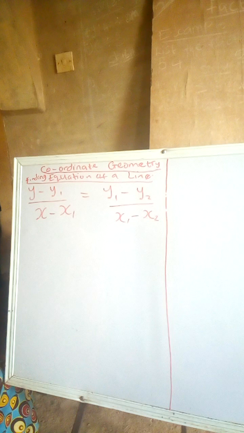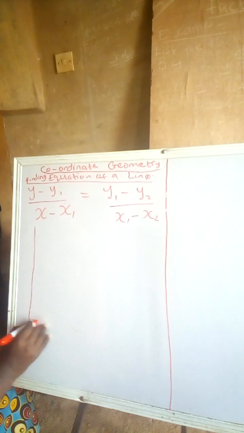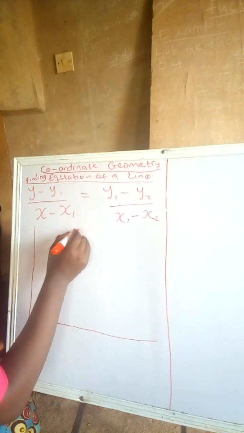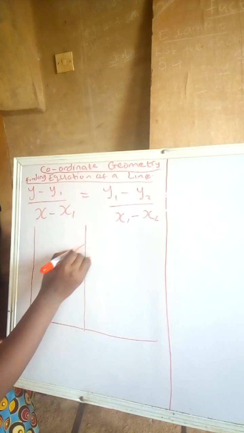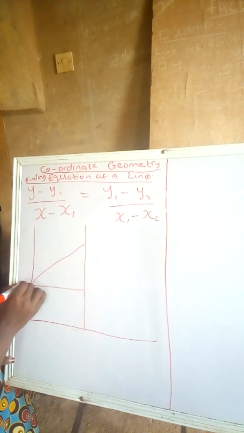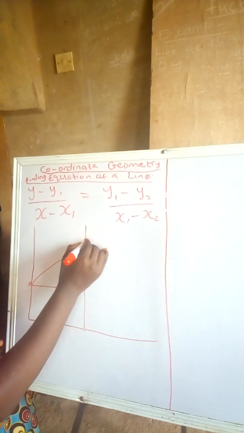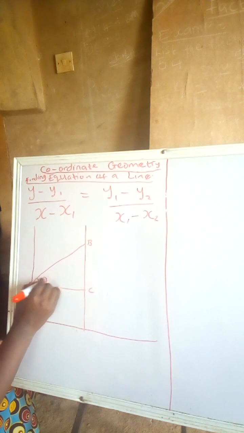So this formula can be proven with a graph. And the graph goes like this. I'm going to draw something like this, then come back here. This is point A, this is point B, and this is point C. This is our theta and the theta.